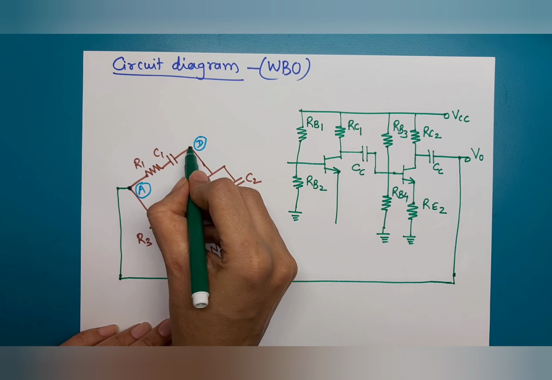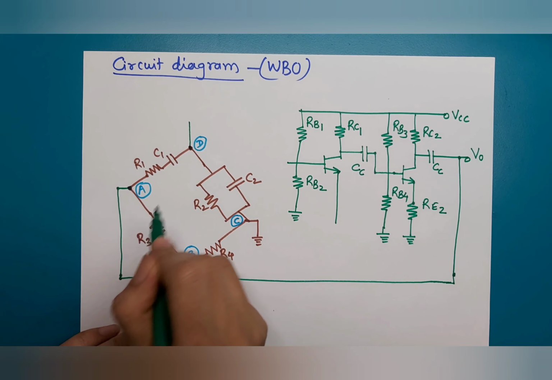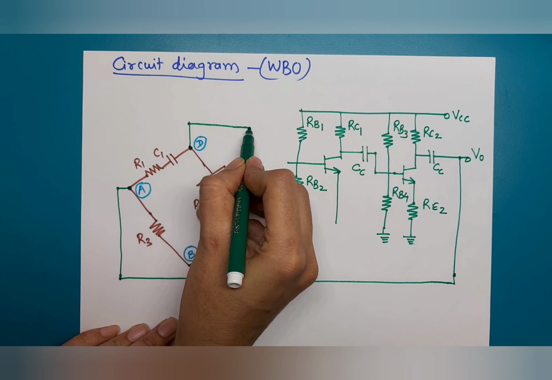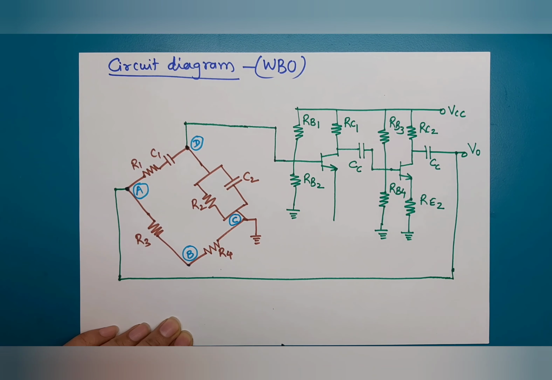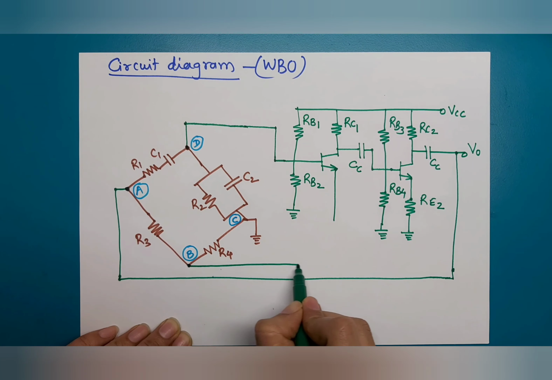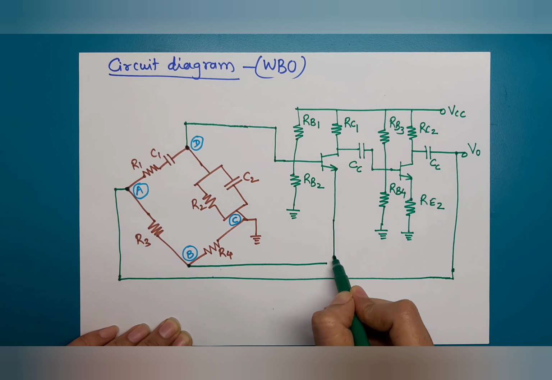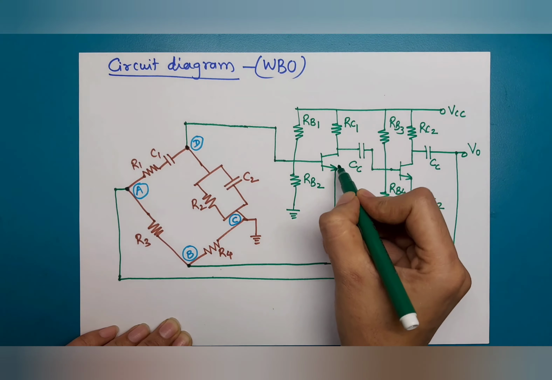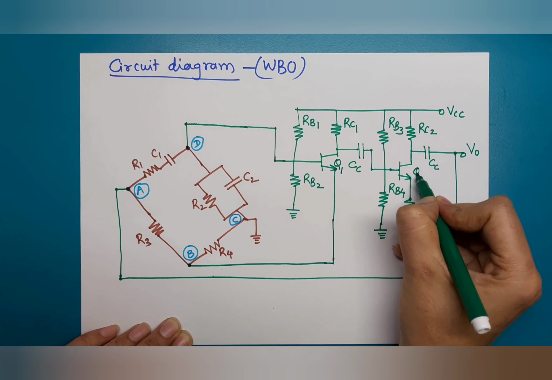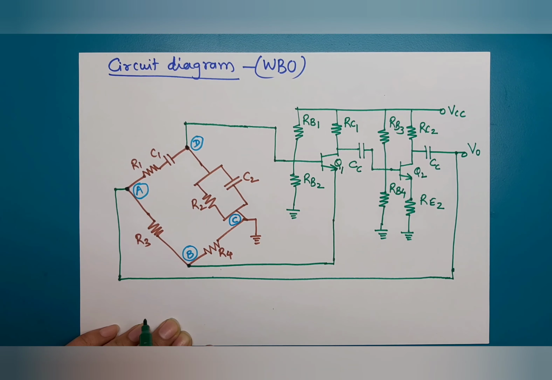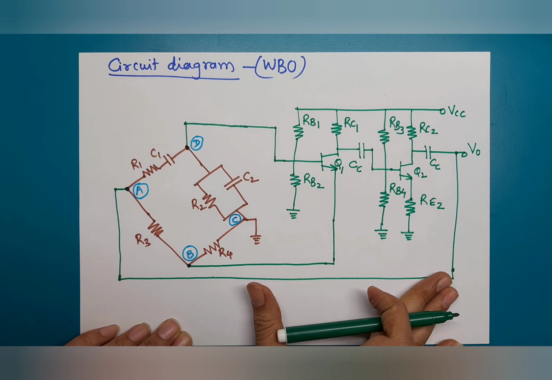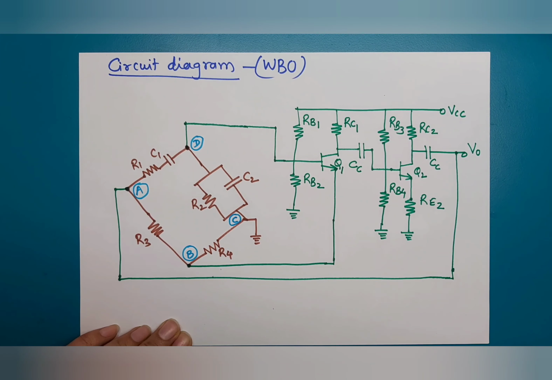Output of the feedback network is taken from D and given as input to the amplifier. Resistance R4 acts as the emitter resistor for transistor Q1. So emitter of Q1 is connected to B. So this is the connection of the complete Wien bridge oscillator circuit using BJT.